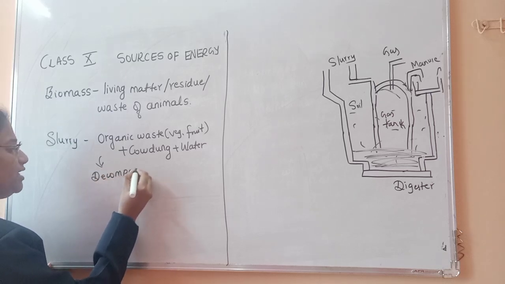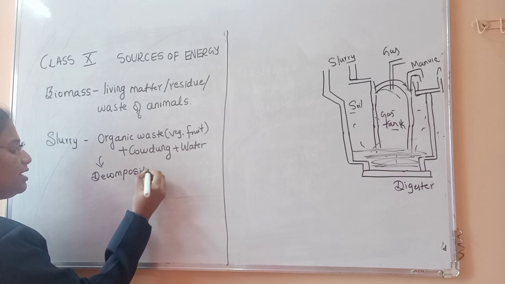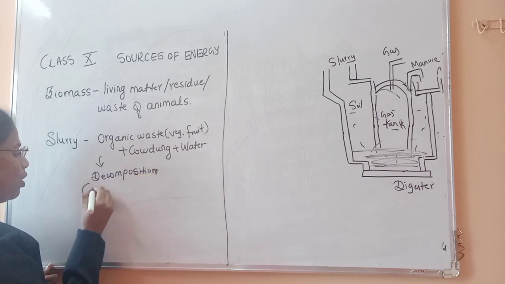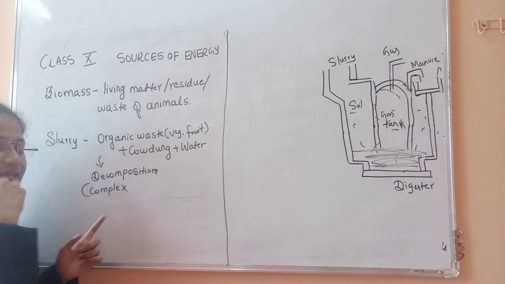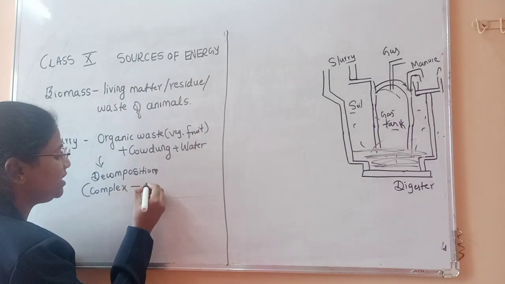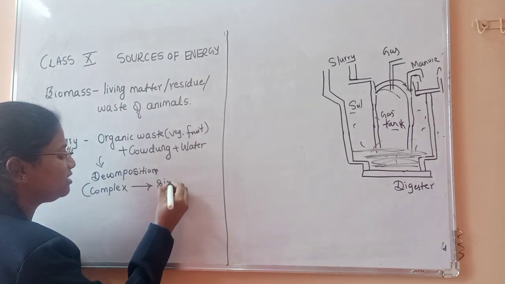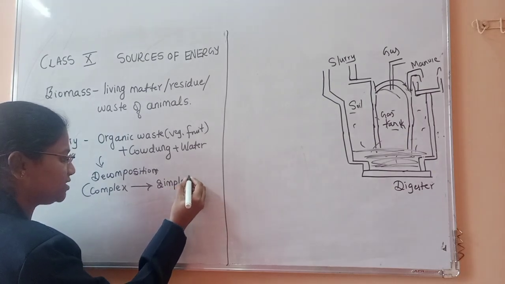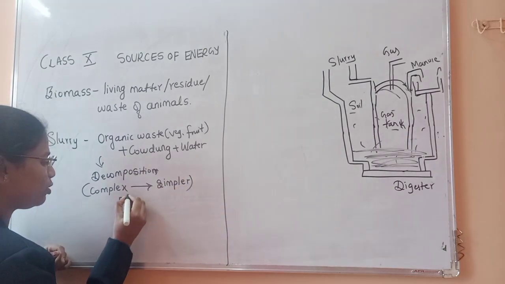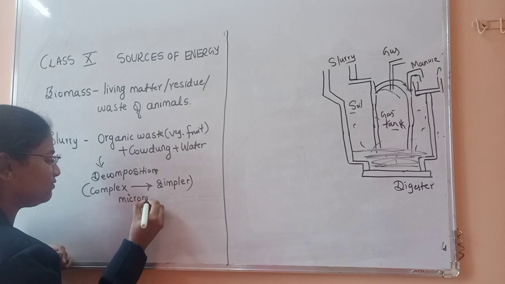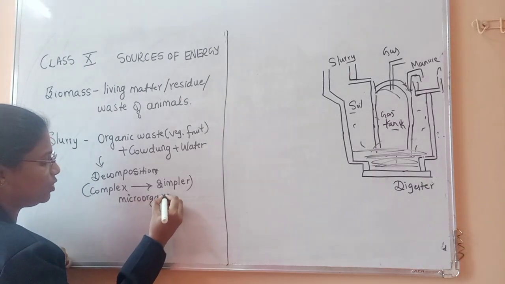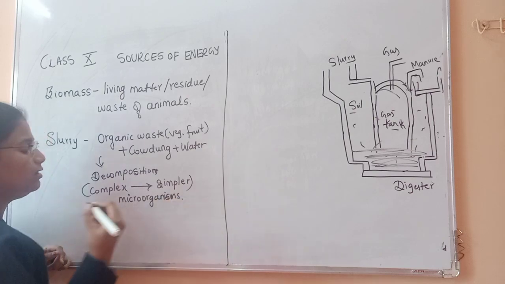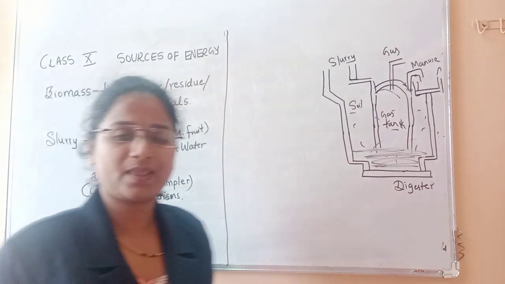What do we mean by decomposition? Decomposition means the complex organic substances are converted into simpler substances by the action of microorganisms, which we call decomposers.